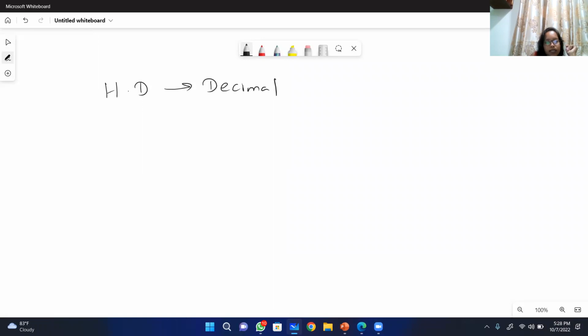We'll check, say, 5A in base 16, right? This is the example. This is the hexadecimal number. And how to convert this into decimal is, you have to write down the place values of 16, right?